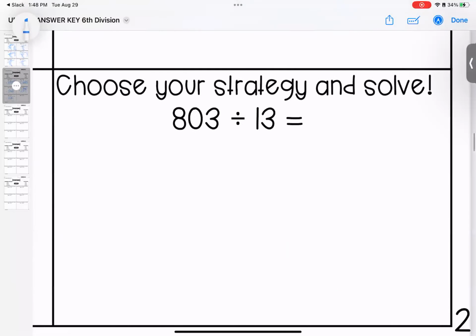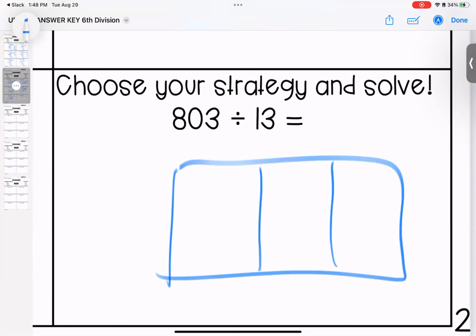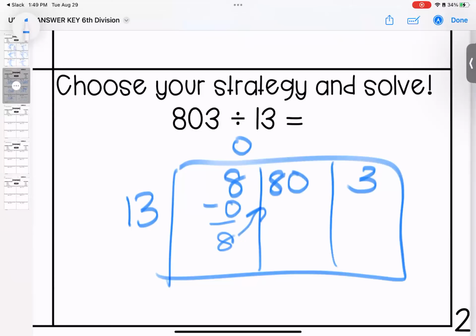Last one over here. We have 803, taking out groups of 13. So 13 is not going to go into 8. It is too small, but it is going to go into 80 6 times because 6 times 13 is 78.